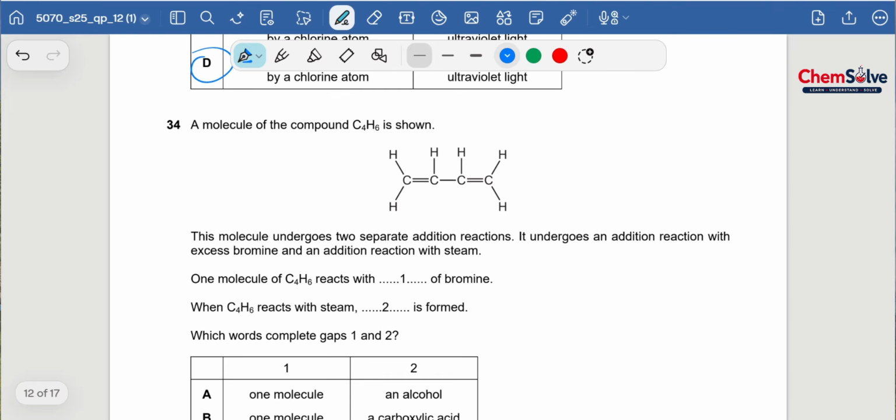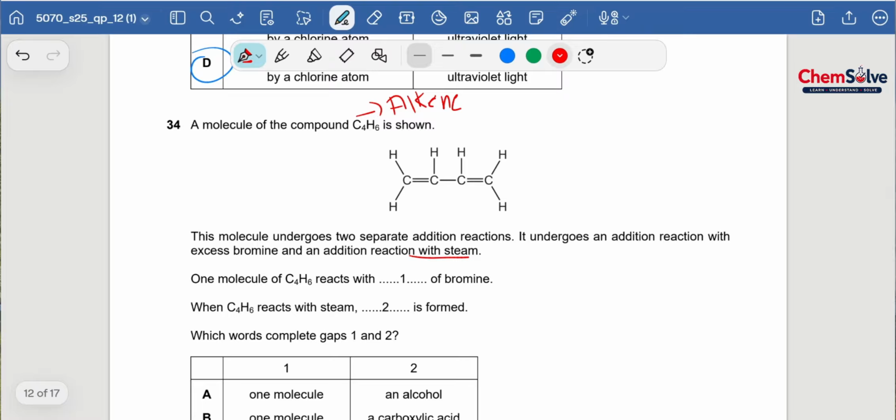Okay, so question number 34. A molecule of the compound C4H6. This molecule undergoes two separate addition reactions: an addition reaction with excess bromine and an addition reaction with steam.